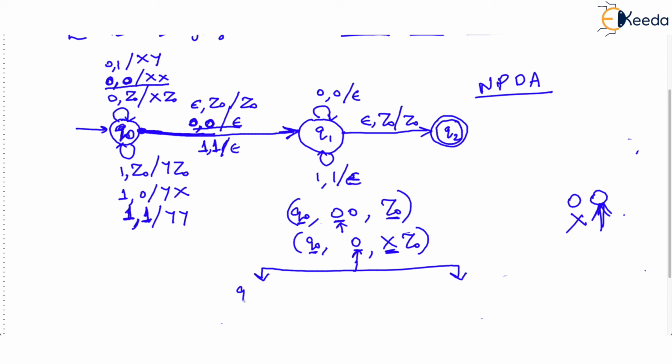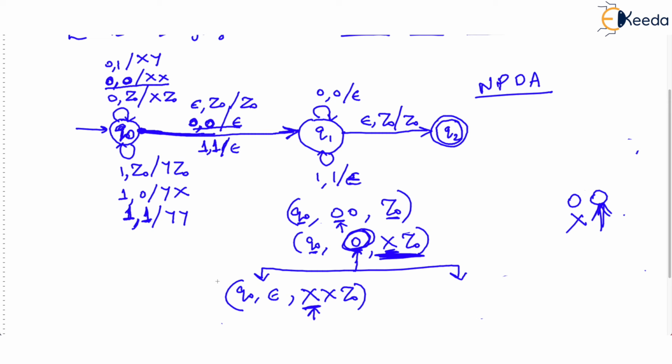The first action it will take is to think that center is not reached. So for this 0, it will push one more X. You can see this X and Z0 remain, and one more extra X has been pushed, and epsilon remains on the input, because the 0 is consumed.